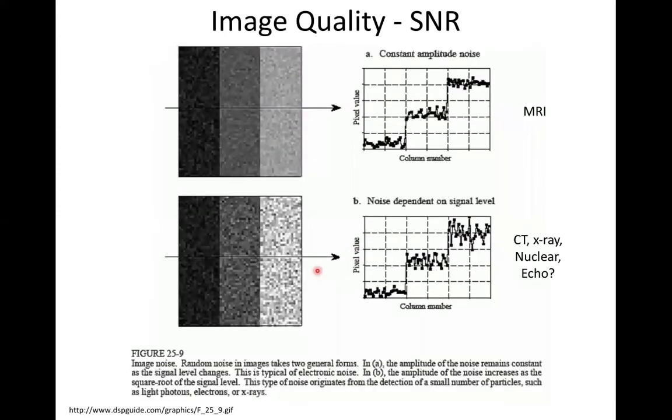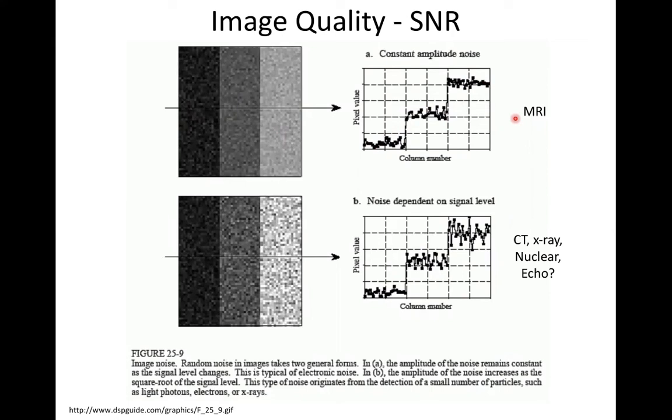Here is an example where the signal changes as we go up this ramp, right? And the noise value stays the same at each signal level. This is characteristic of magnetic resonance. The noise value on MRI, barring any weird artifacts, should be independent of the position.